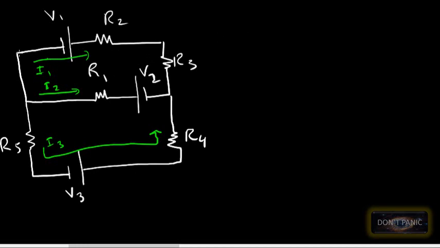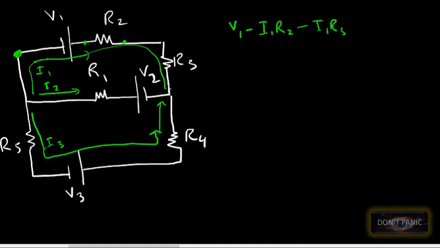Let's start at this point. We're going to go from here to here, and we're going to gain a voltage of V1. Then we're going to go from here to here, and we're going to have a voltage drop of I1 times R2 minus I1 R3. From here to here is the same branch, and from here to here is the same branch, and then this third one is its own branch.